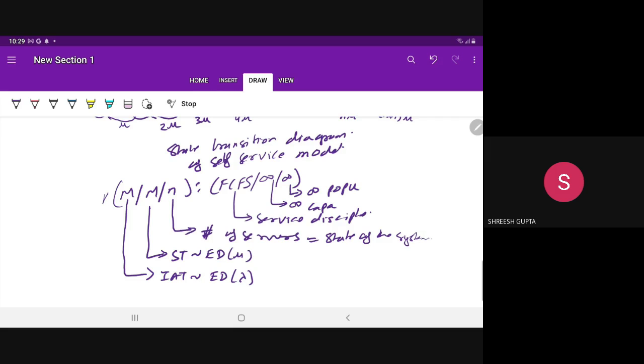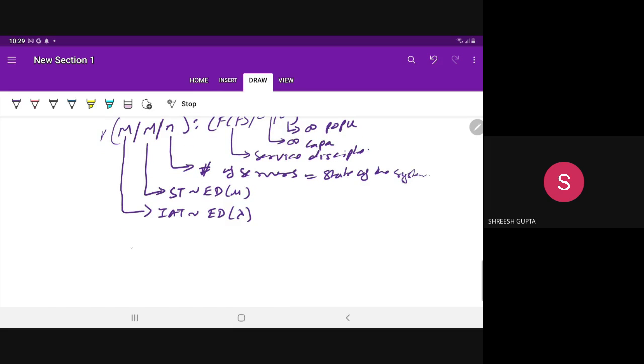Sometimes we write this Kendall notation as M/M/infinity/FCFS/infinity/infinity. Both are the same thing; either you write M/M/n or M/M/infinity, both represent the self-service model.